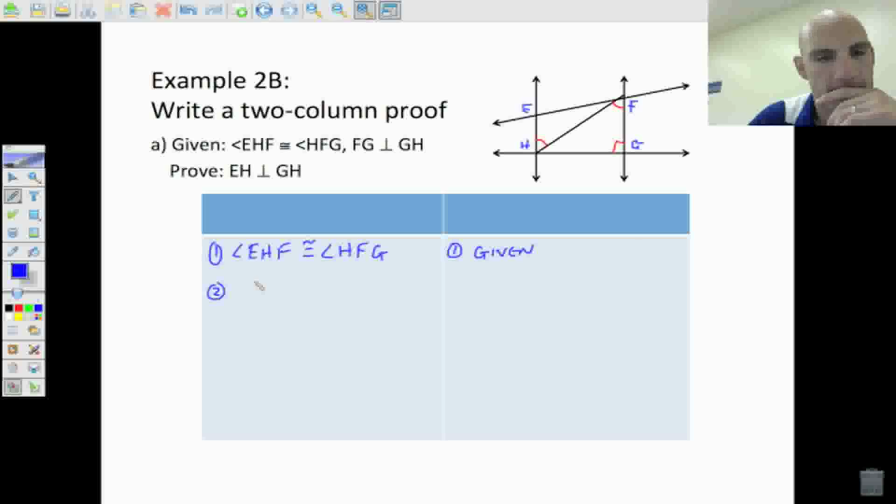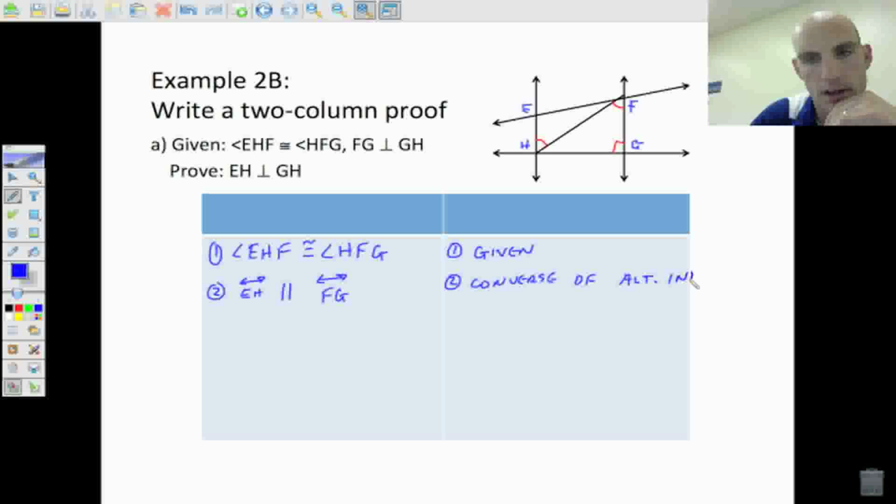I'm going to say that line EH, so this one here, okay, I'm going to say this is parallel to line FG. That's going to be the converse of the alternate interior angles theorem. Okay?